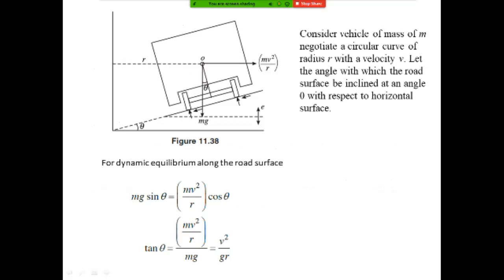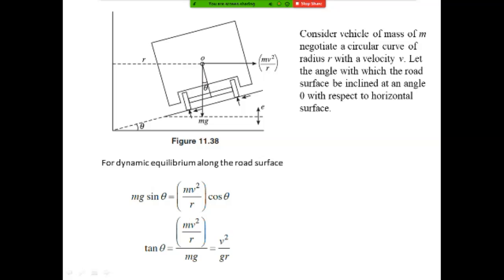I will show you. This is the angle. This is the road made like this. This is the inner side of the curve. This is the outer side of the curve. When you are moving, this is the slope they provided. This angle is called super elevation.